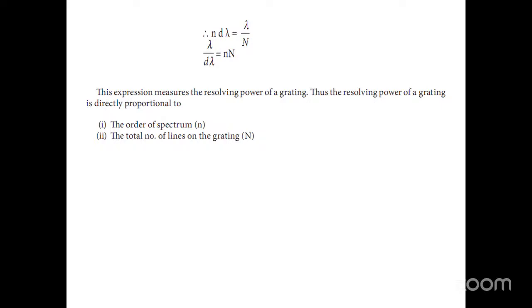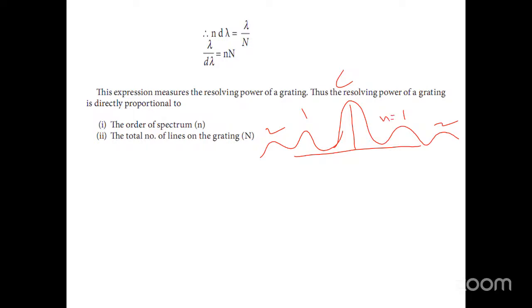And small n is the order of the spectrum. Once again, I will show you the order of the spectrum. This is the first order, second order, second order. This is the central maximum. So this gives you the small n value.